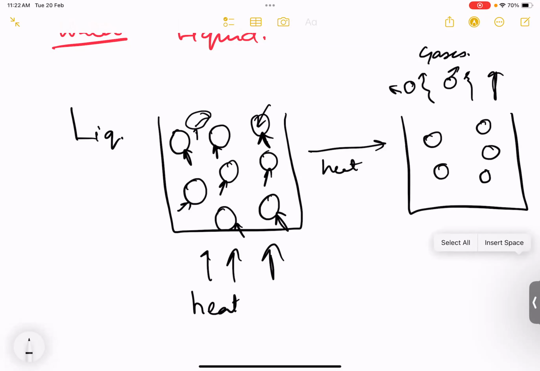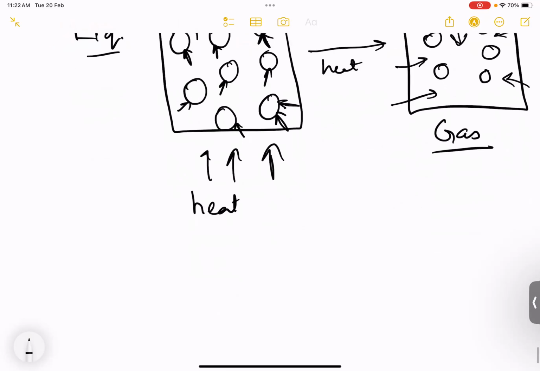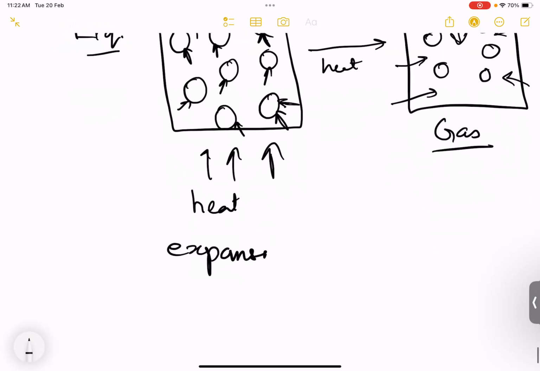So that's how liquid changes into gas, and we have shown it with the help of the particle model, that when we heat the atoms, they get energy and start moving everywhere, and very soon they get converted to gas. The presence of so many air spaces here shows that this is now converted into gas. So this process is known as expansion, because it is getting expanded.